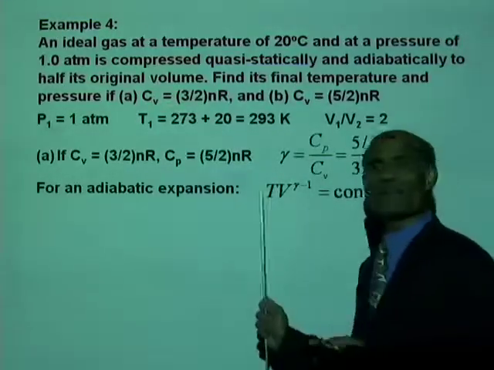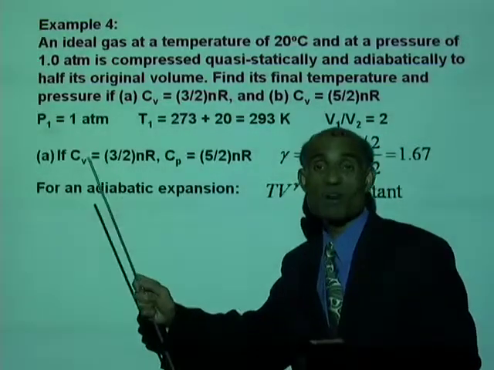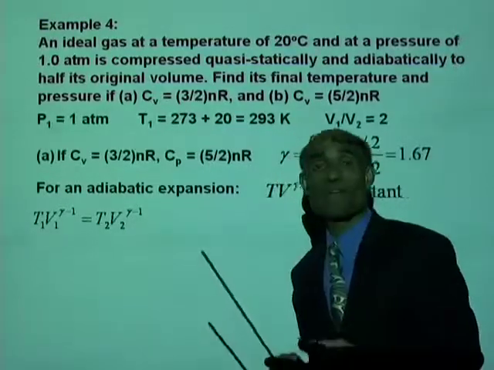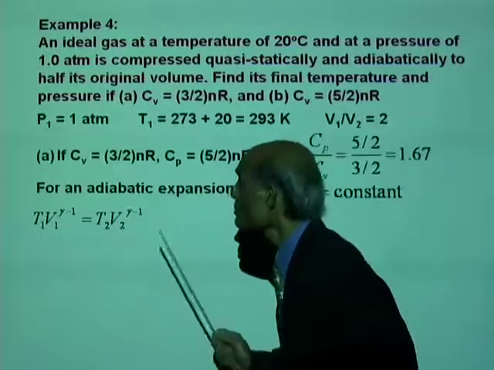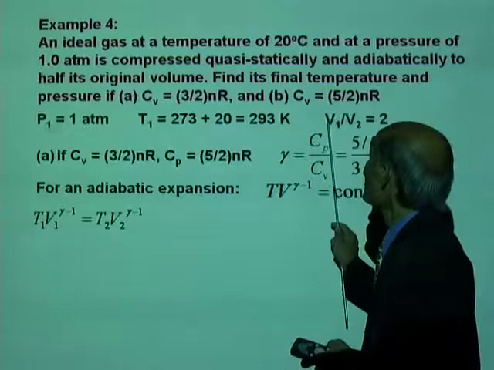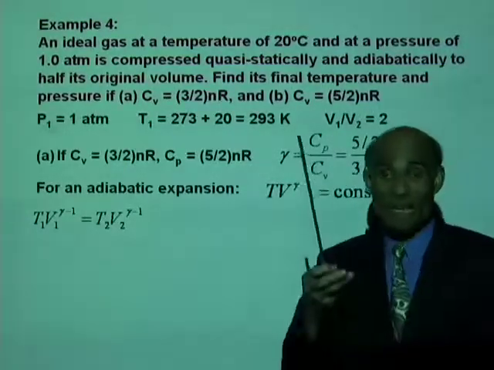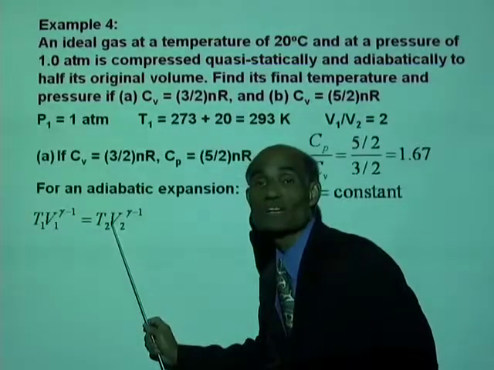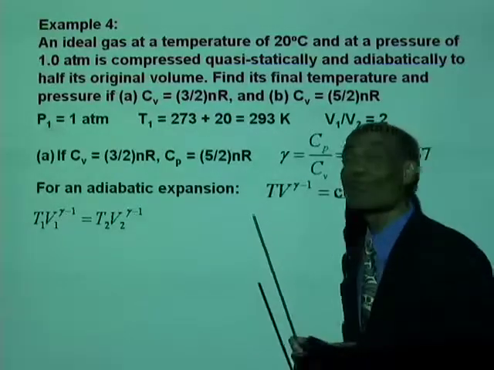Now what does this mean? It means T1 V1 to the power of gamma minus 1 equal to T2 V2 to the power of gamma minus 1. Alright, now can you rewrite this equation in such a way that it will contain V1 over V2, because that is known to us?